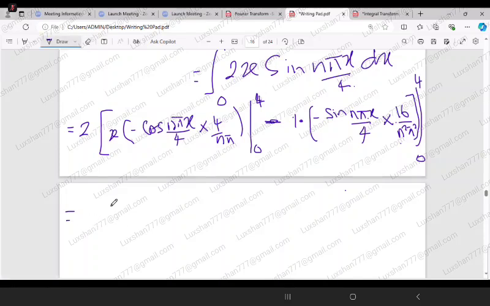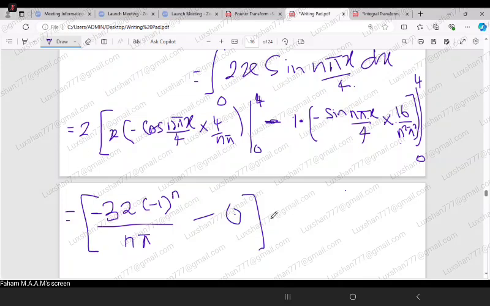Okay. So 32. There's a minus here. Minus n pi is minus 1 to the power n. Minus 1 to the power n over n pi. And if I put 0, that is 0.